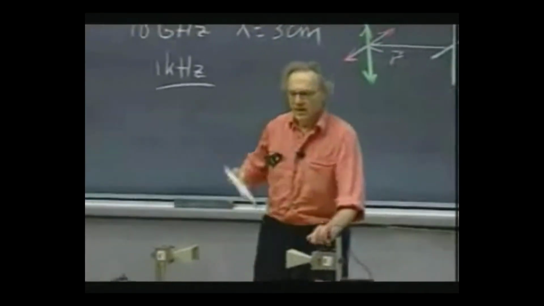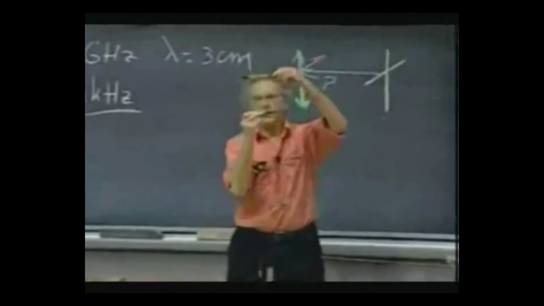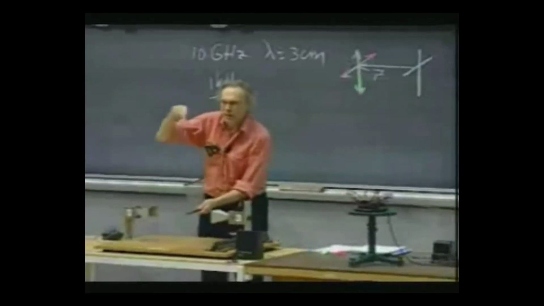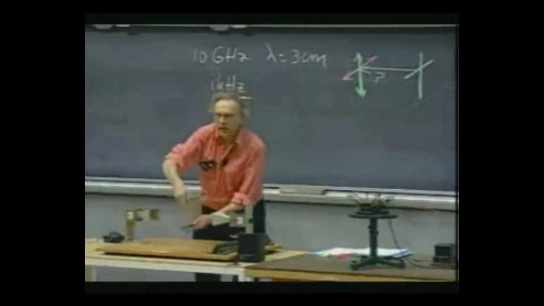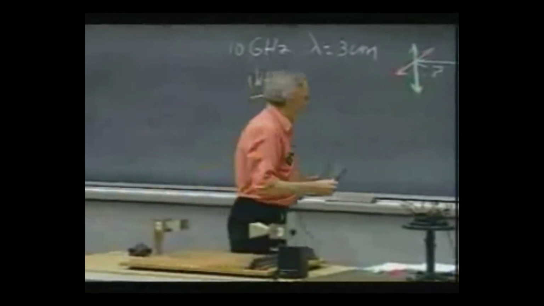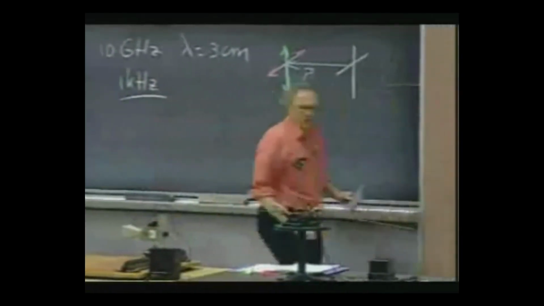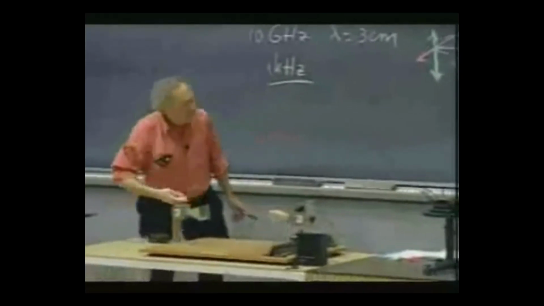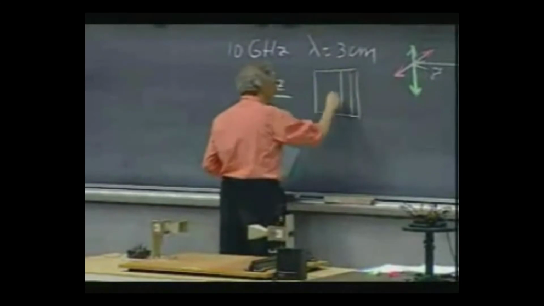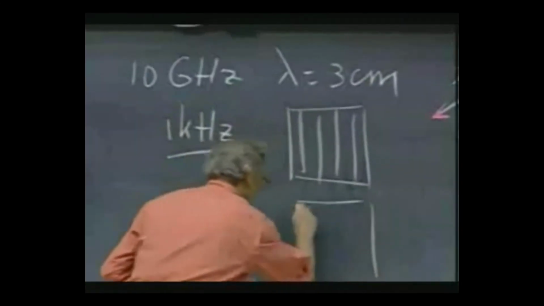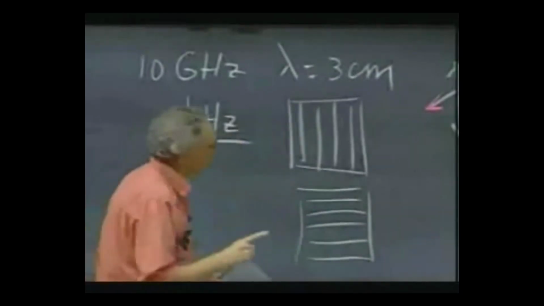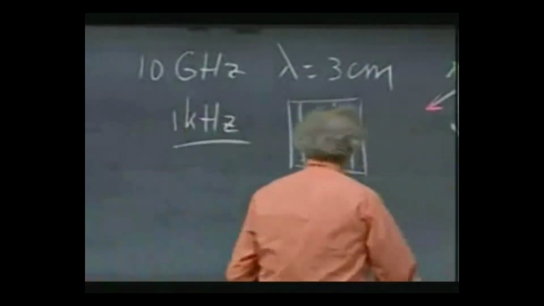I can put this grid in like so that the bars are in the same direction as E, but I can also put it in like so that the bars are perpendicular to E. If I make you a drawing, if you would look in this direction, then I can do one of two things. Either the bars are like so, or the bars are like so, but in both cases the electric field is coming in like this.